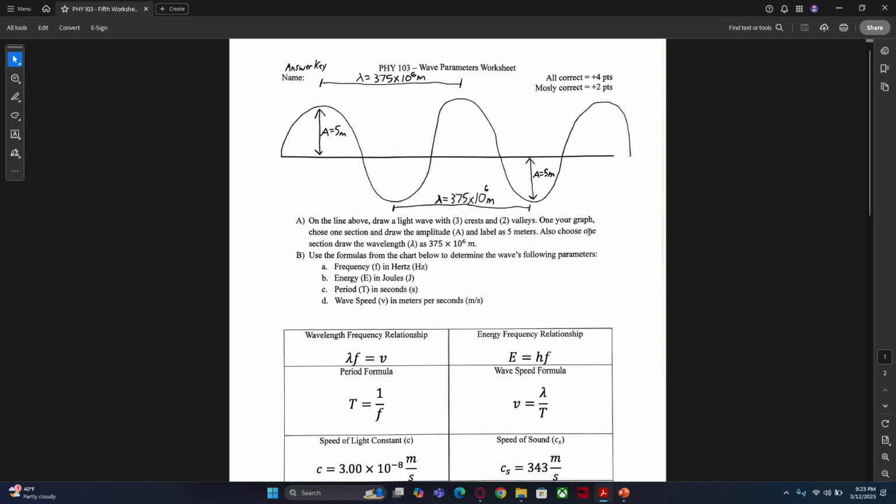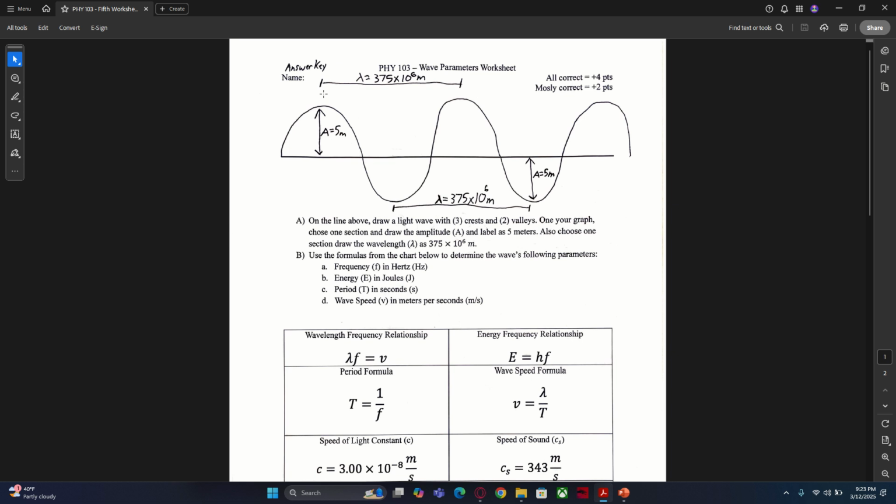Additionally, it says also choose one section, draw the wavelength lambda as 375 times 10 to the 6th meters. Now, once again, a wavelength is just going from one point of a wave to the next point that has the same height and is at the same point in oscillation.